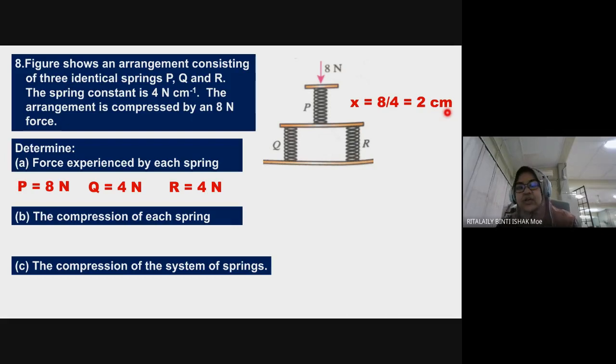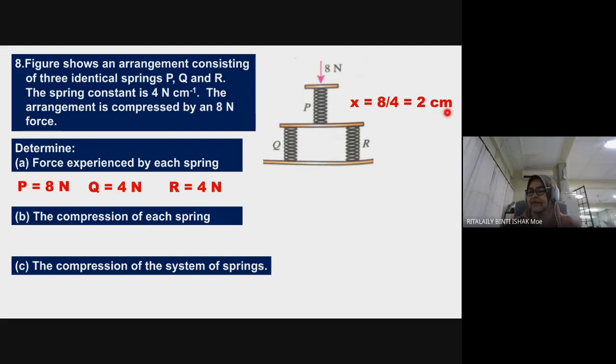P how much, Q how much, R how much? Okay, Q 4, R 4, this is the force. As for the compression, P 2 cm, Q 1 cm, R 1 cm.